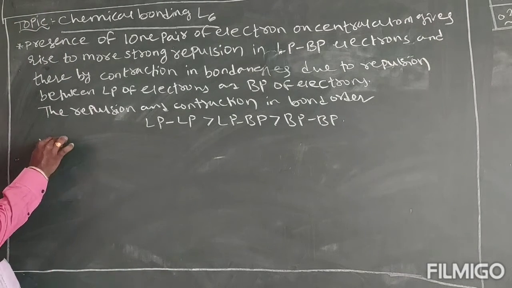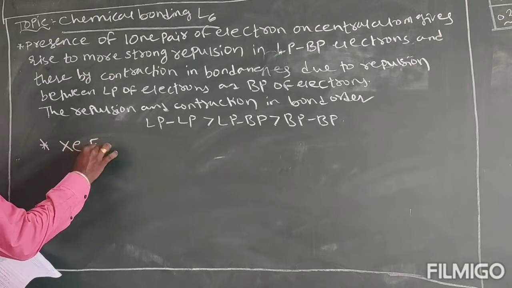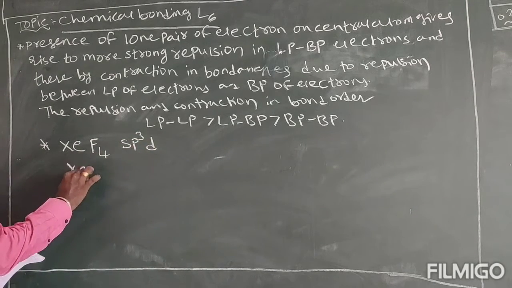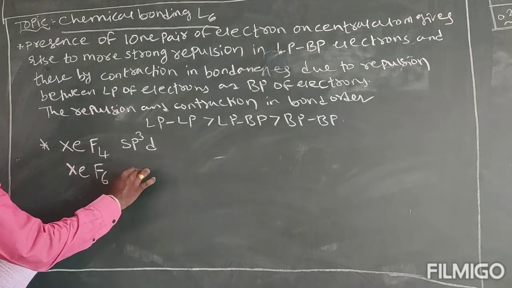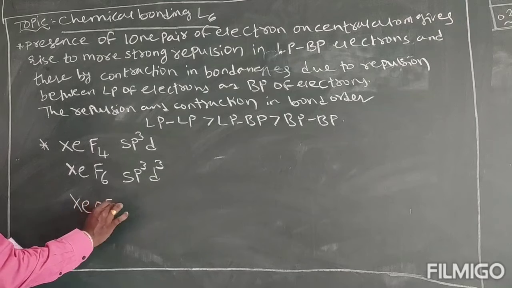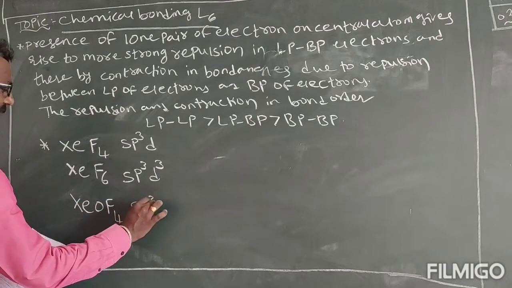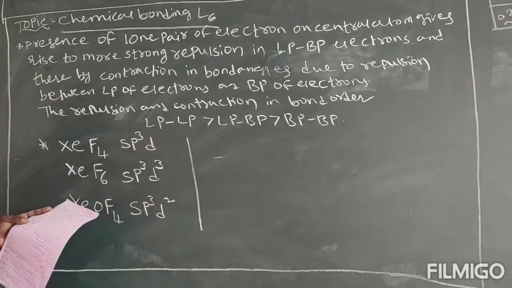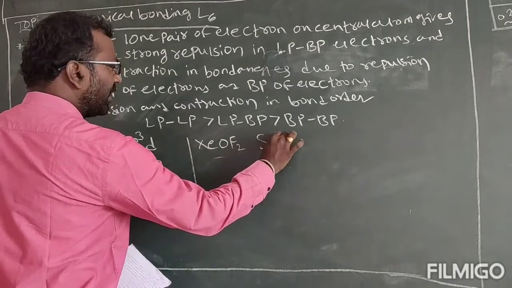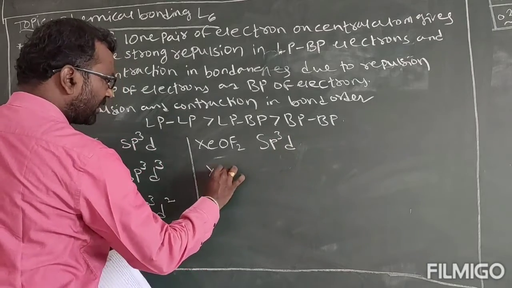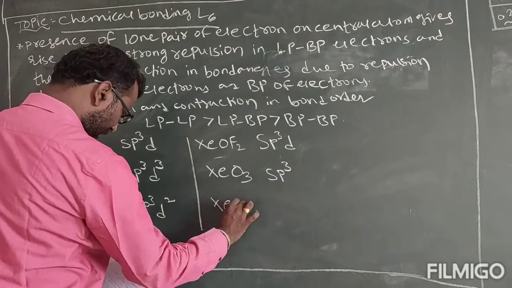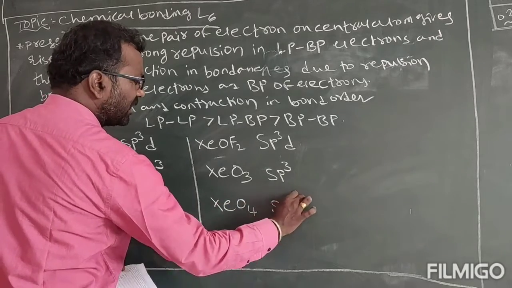Suppose in XeF4 it is sp3d2 hybridization, in XeF6 sp3d3, in XeOF4 it is sp3d2, and in XeOF2 sp3d, and XeO3 sp3, and XeO4 that is sp3.